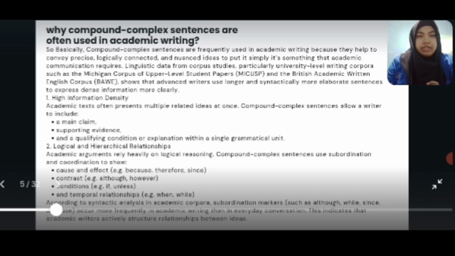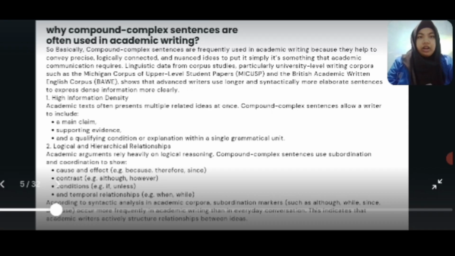First, high information density. Academic texts often present multiple related ideas at once. Compound complex sentences allow a writer to include a main claim, supporting evidence, and a qualifying condition or explanation within a single grammatical unit.